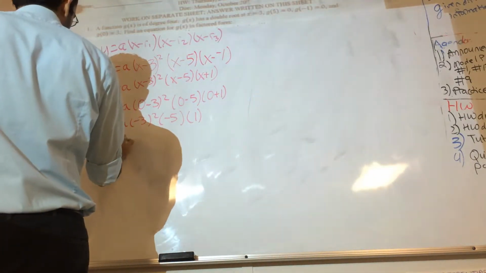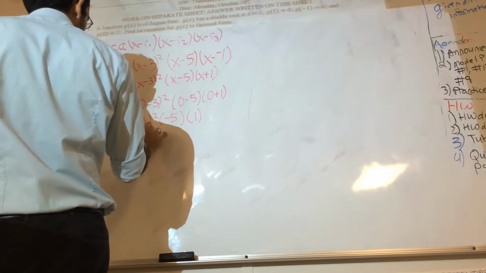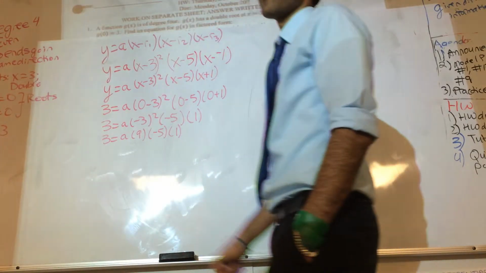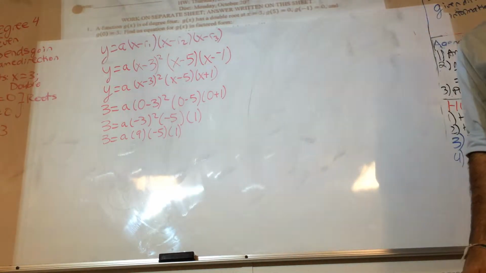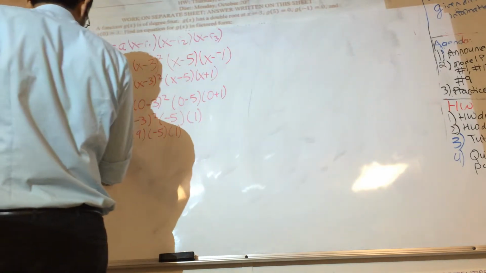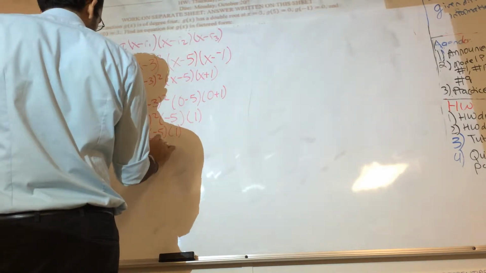So 3 equals a times 9 times -5 times 1. 9 times -5 is -45. -45 times 1 is still -45. So we've got 3 equals -45a.